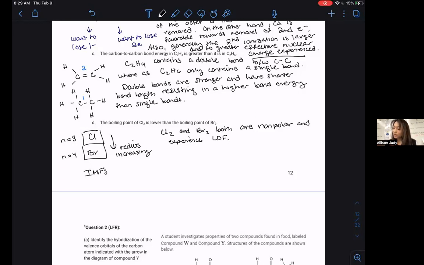But what we do know is bromine, particularly diatomic bromine, is in a greater energy level and has more polarizable electrons, because remember, electrons can move around and they create temporary dipoles.